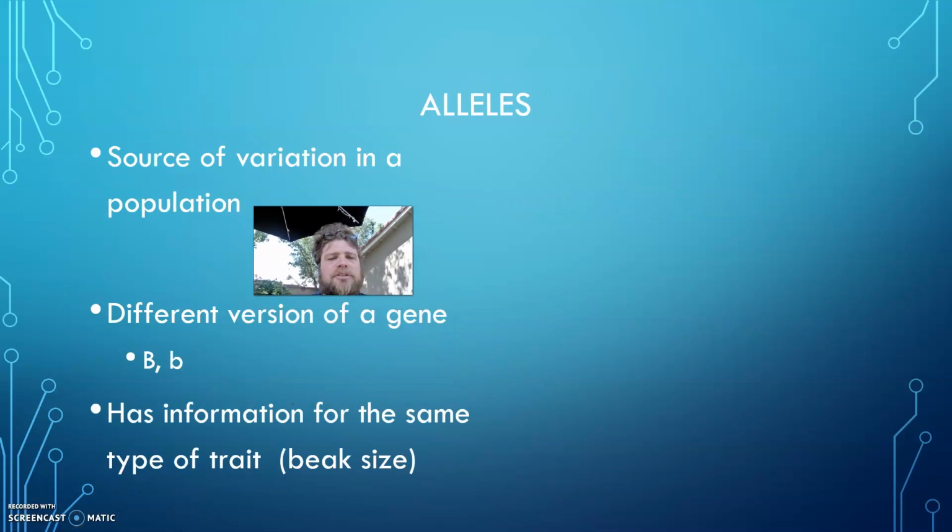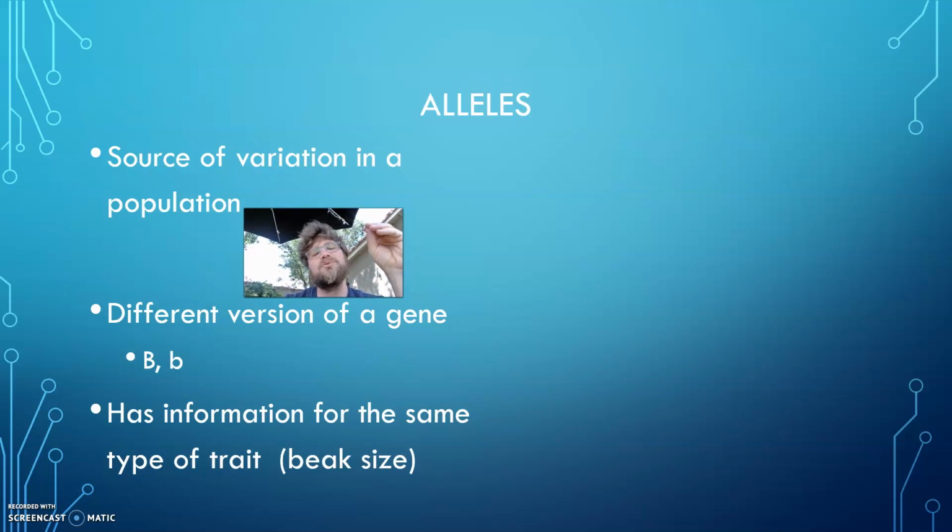Those alleles give us variation in our population. With eye color, we have different eye colors because we have different versions of a gene. We've been representing those with different letters, so capital B and lowercase b. We've also done B primes or B pluses, just a different symbol to represent a different version. Like with eye color, the alleles give you differences with the same type of trait.